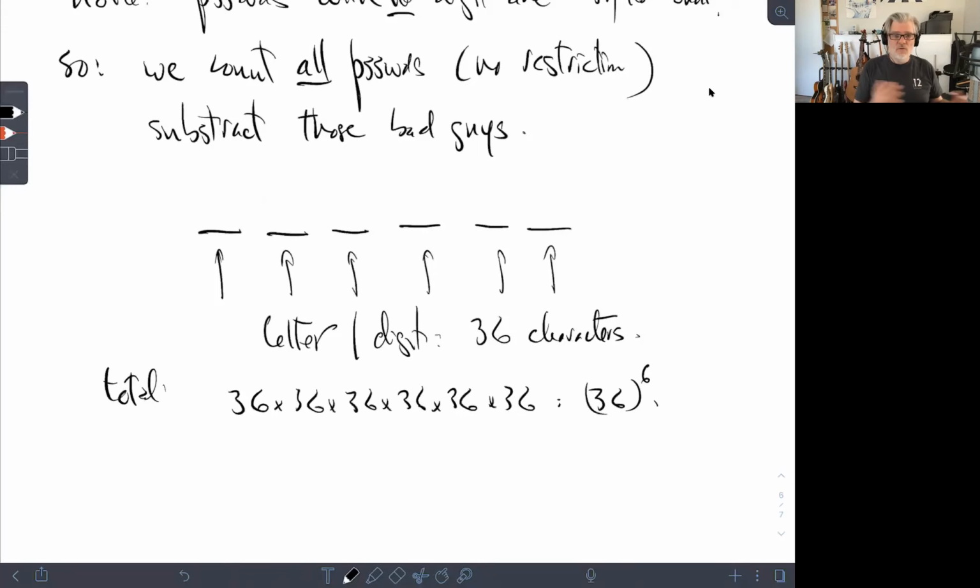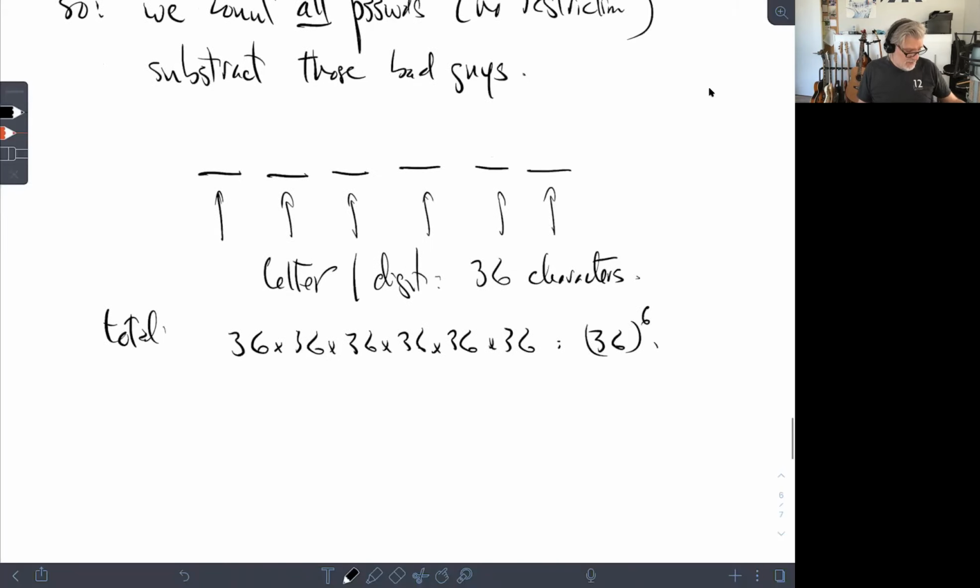That's the total number of passwords using letters and digits with no restrictions on the number of digits. Now if you count those without digits, it's the same idea, but you just don't allow digits, so it's only letters.